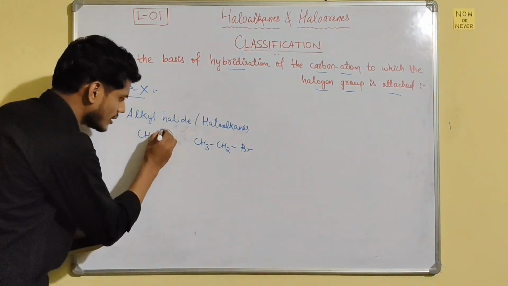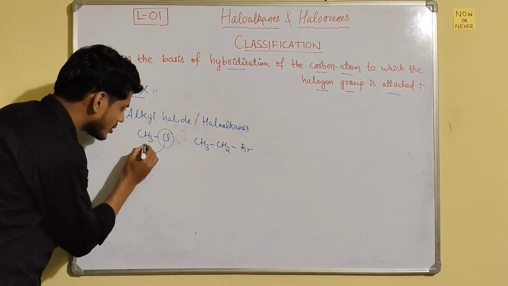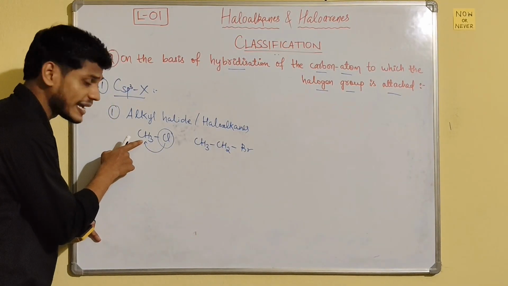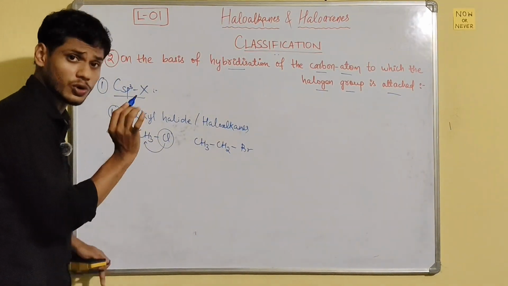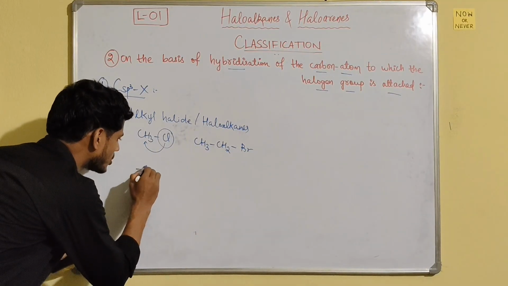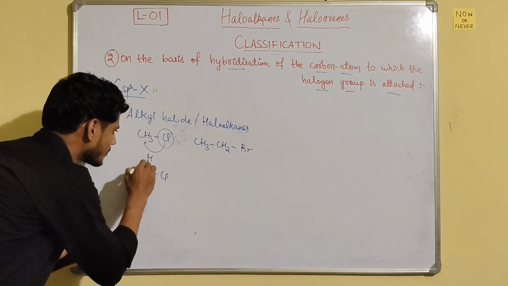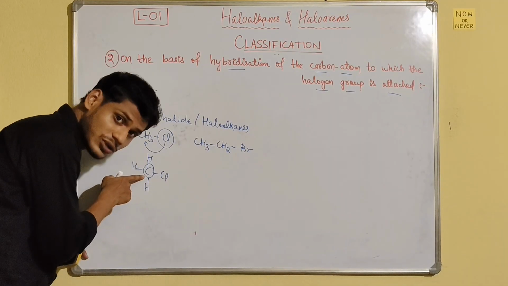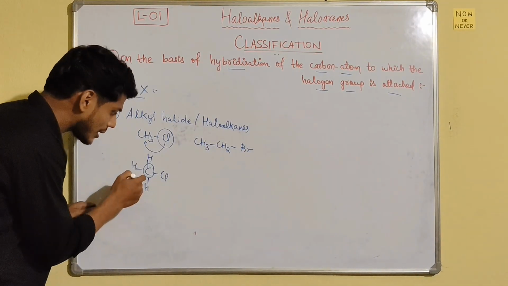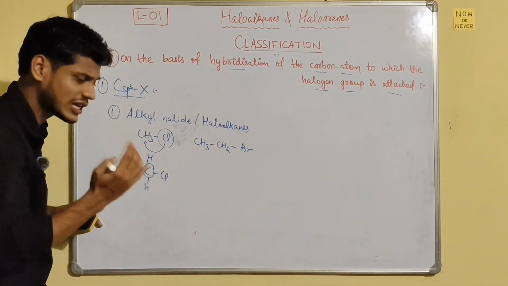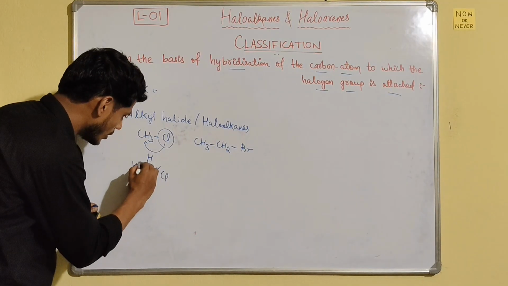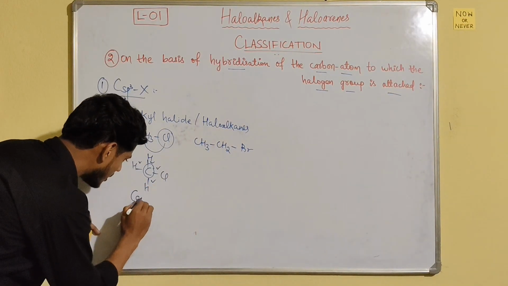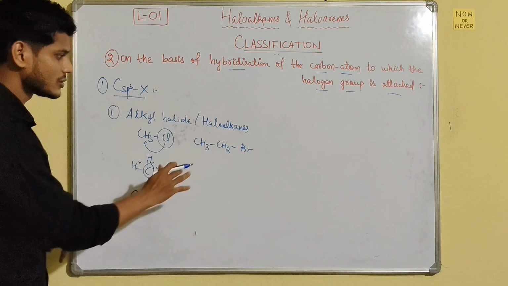So see here, this is the halogen group. The halogen group is attached to that carbon which is sp3 hybridized. How? Because it forms 4 sigma bonds. If you open up this structure, it will look like this. So look at this carbon atom. This halogen group is attached to this carbon atom, and this carbon atom forms 4 sigma bonds. 1, 2, 3, 4. Hence it is sp3 hybridized. Clear?